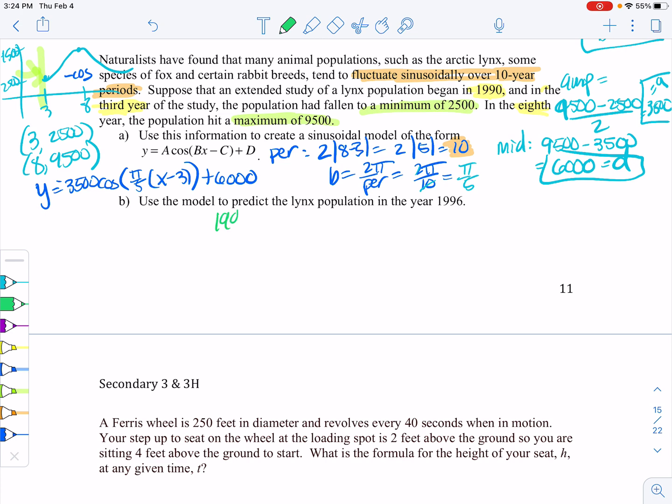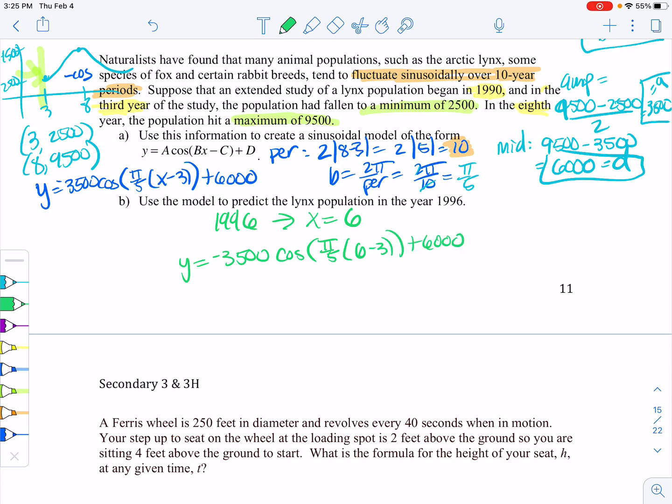So that means that 1996 is the same thing as x equals 6. So that means that if I plug 6 into this equation, that will predict the amount of lynx in the year 1996. So we have y equals negative 3,500 cosine of pi fifths times 6 minus 3 plus 6,000.